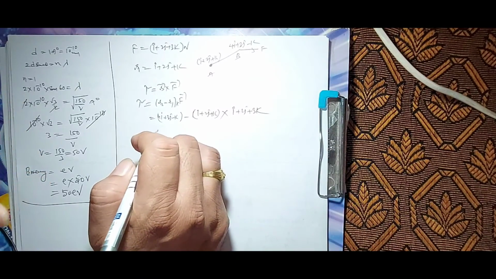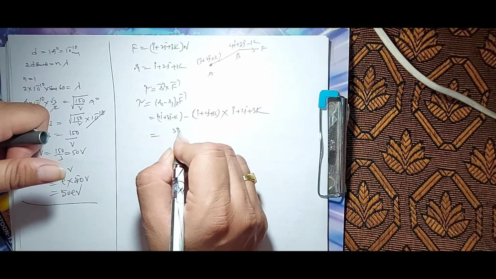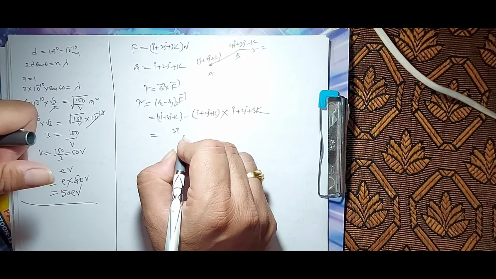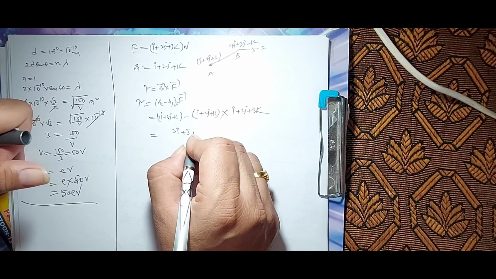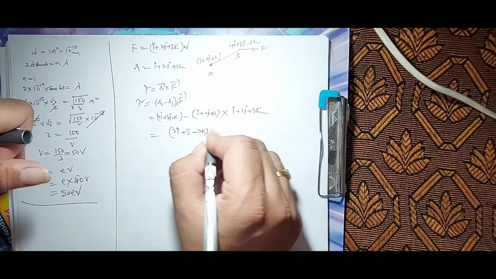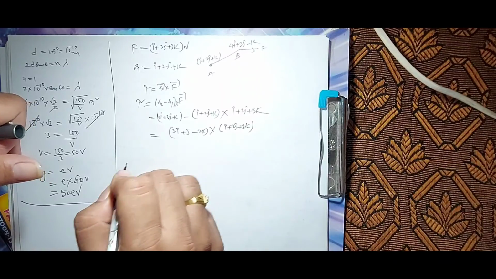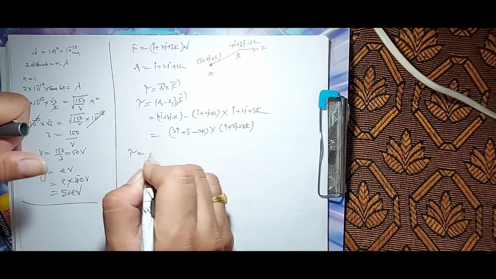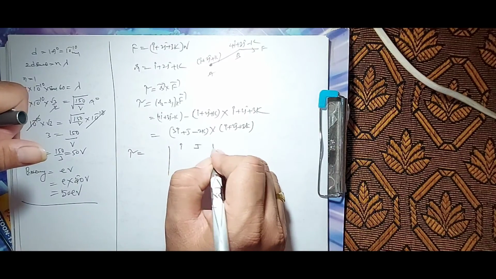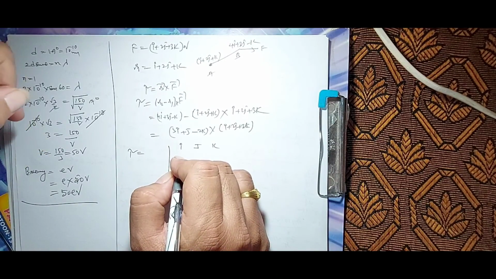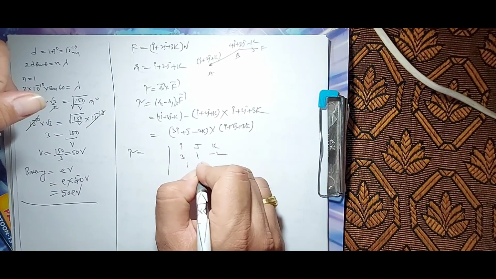So here what we get here, 4I minus I, 3I, 3J minus 2J, J, minus K minus 2K, cross I plus 2J plus 3K. So torque is equal to, we write here I J K. So first one 3, 1, minus 2, 1, 2, 3.